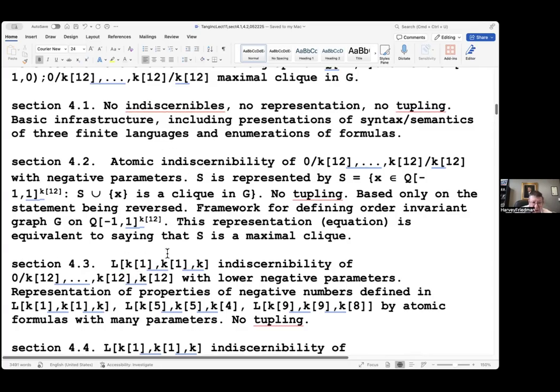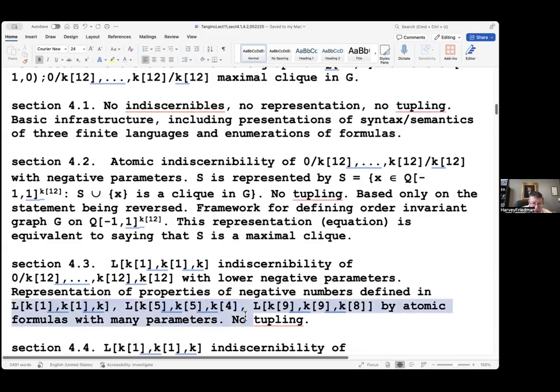Now section 4.3, which we did, we did everything 4.3 to 4.11. This language is already described in section 4.1, this finite language, and we have this indiscernibility for these numbers with lower negative parameters. And this has quantifiers in it. So there's something interesting here. And then we also have representation of properties of negative numbers defined in here.